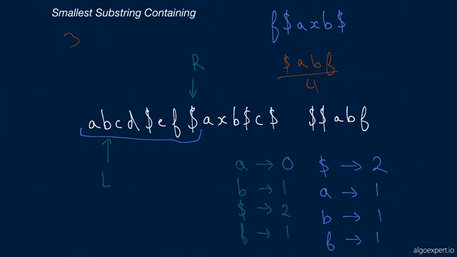You'll see in the code that we don't actually need to store the entire substring. That's going to save some space complexity. It's going to save some time complexity because we won't have to slice this substring out whenever we find one that's good. So we're just going to keep track of the bounds. We're going to keep track of the fact that our substring starts at 0 and ends wherever this index is.